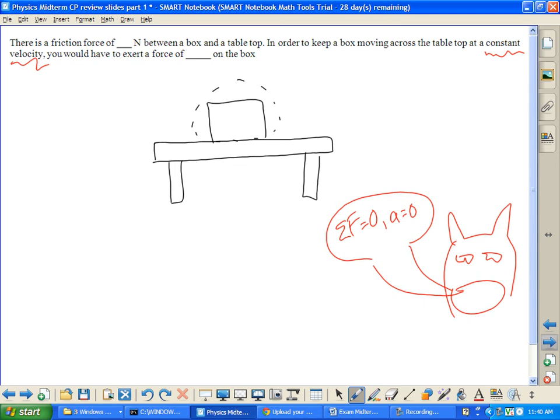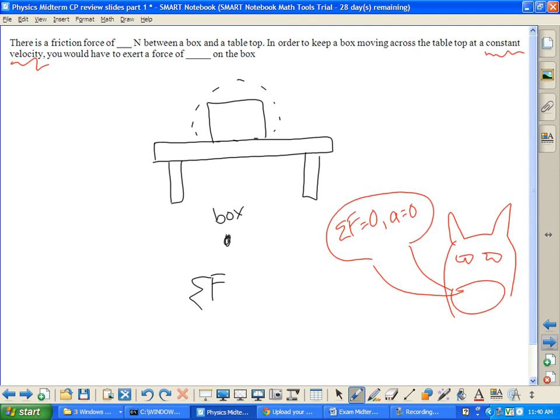So as soon as you know that it's moving at constant velocity, you know that the forces have to work out to be balanced. So you know what to look for. What's the friction force? Okay. If it were negative 4, what force would you have to exert to keep it moving at constant velocity?